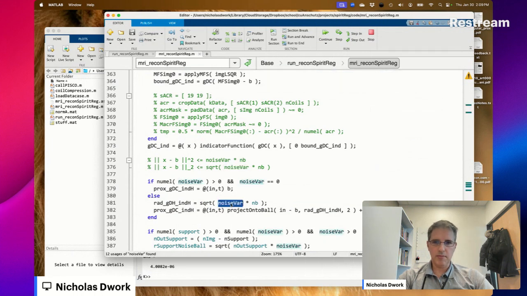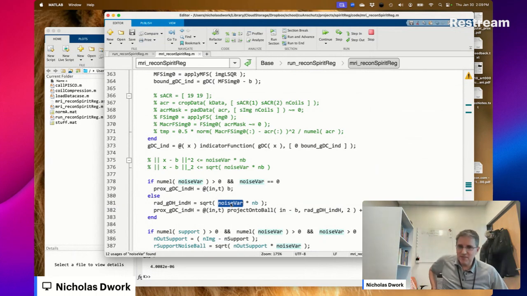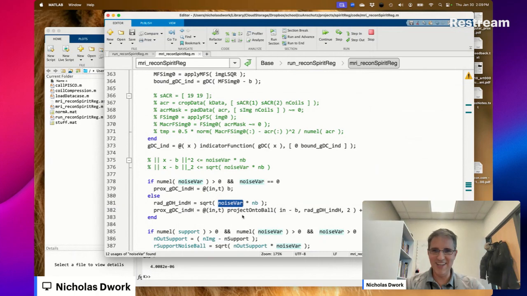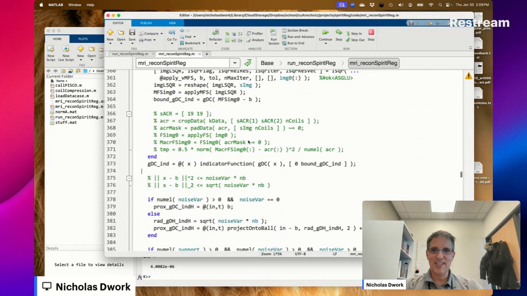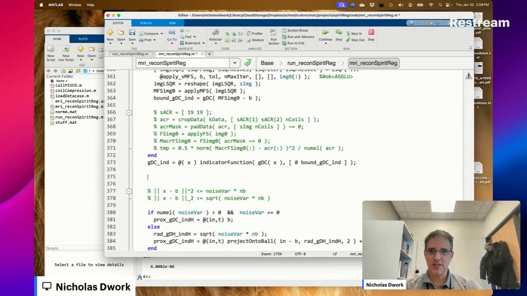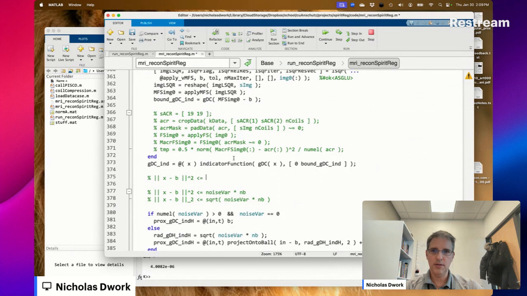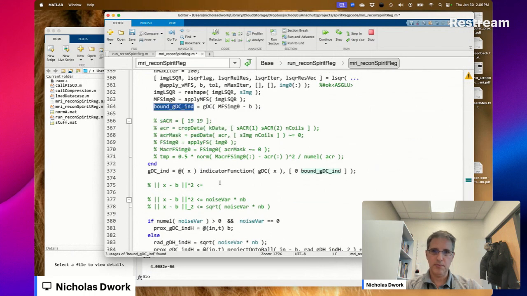Right, in the proximal operator. Okay. Okay. We've got a bug. We have a feasible problem, Protoss, but we have a bug. So the thing that we're minimizing less than or equal to is, well, it's that bound.